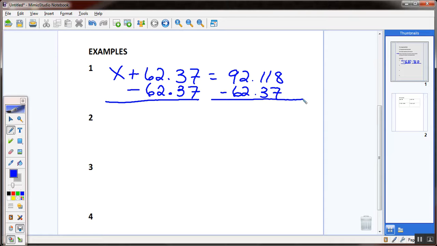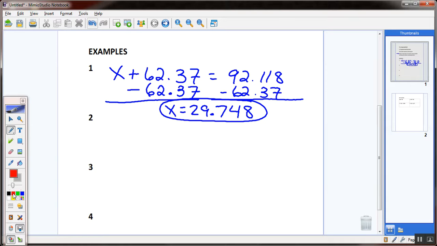Can someone confirm that? 29.748 you said there, Wesley? Okay, so x is equal to 29.748. Okay, very good. Like this right here, right? Yes, sir. All right.